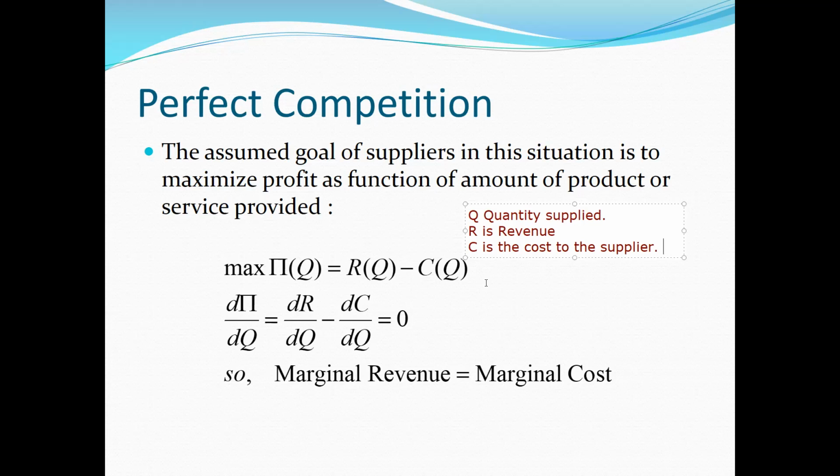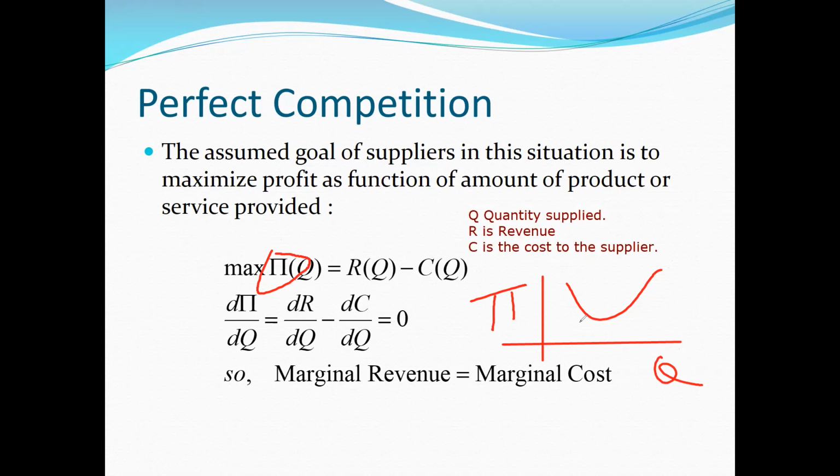Because remember, if you draw any kind of graph, and let's say this is the pi function I'm talking about, not P as in price, I'm sorry, on the y-axis, and this value here is Q on the x-axis.